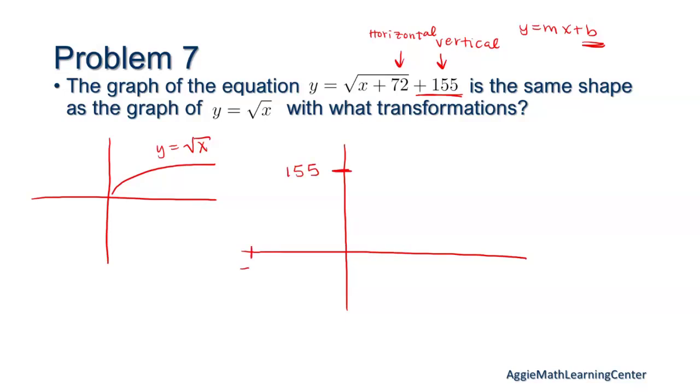In a square root function like that, if it was negative 72, you move it to the right 72? Yeah. So now we have our function, and it starts here and does that same square root function. So we're moving up 55, and we're moving to the left 72.